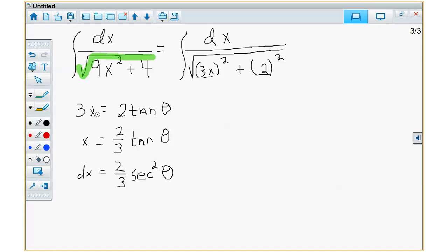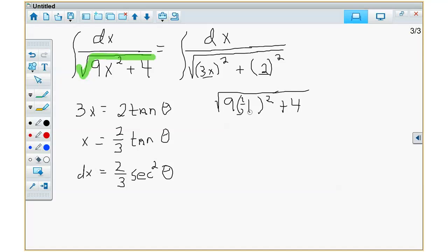All right, so here we go. The square root of 9 parentheses squared plus 4. And what is x? 2/3 tangent.